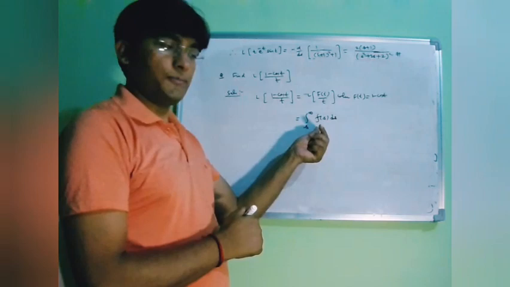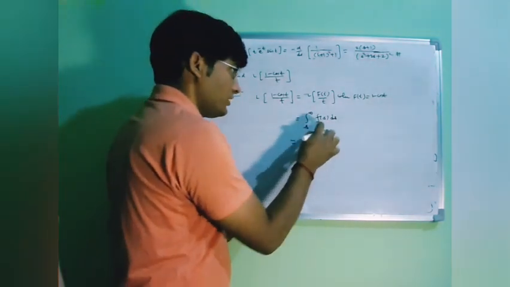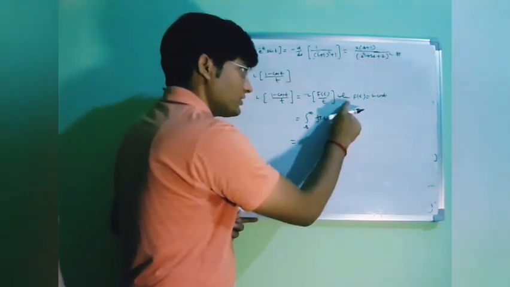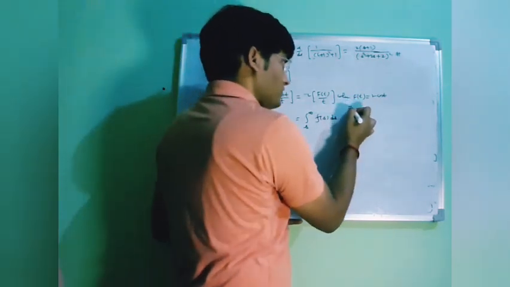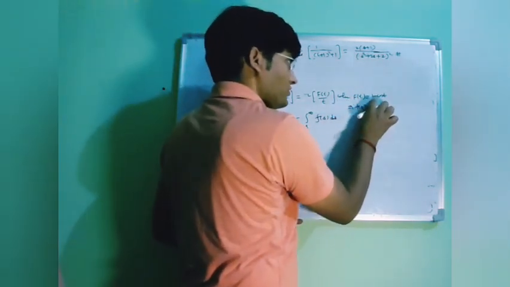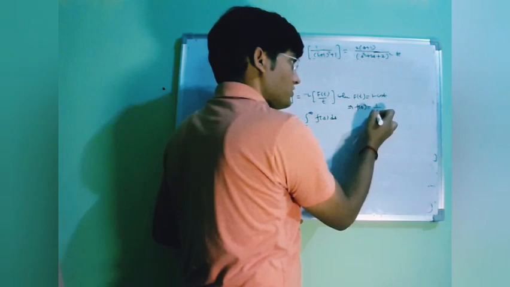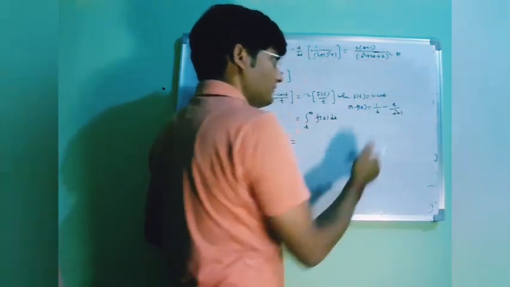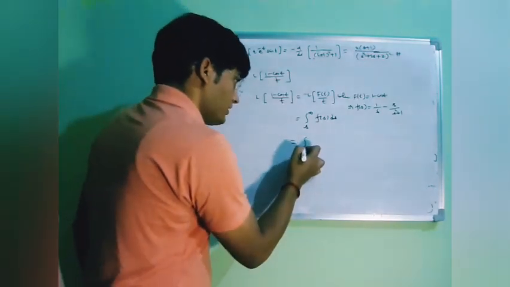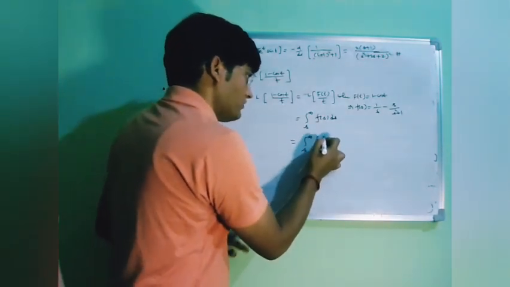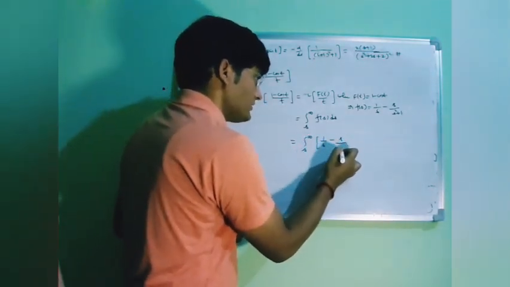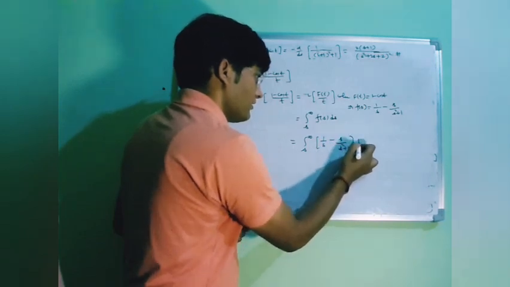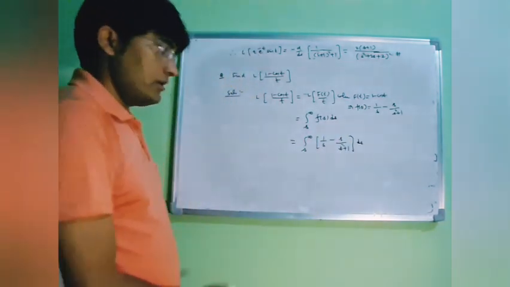We have this formula. So using this formula, now your F(s) will be the Laplace of f(t), that means the Laplace of 1, which is 1 by s, and the Laplace of cos t, which is s upon s square plus 1. So here we will have the integral from s to infinity of 1 upon s minus s upon s square plus 1. So let us integrate this term.